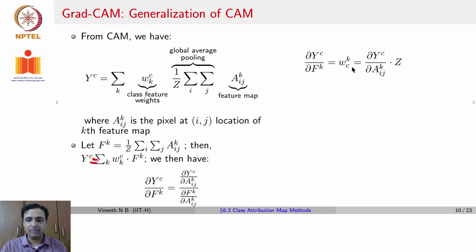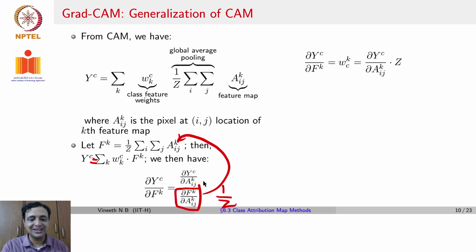And that is given by ∂Y^c/∂A_ij^k divided by ∂F^k/∂A_ij^k. Now ∂F^k/∂A_ij^k, by the very definition of F^k, will turn out to be 1/Z. And because that's 1/Z in the denominator, you get a multiplication by Z in the numerator when you write this out more clearly. So what does this tell us?